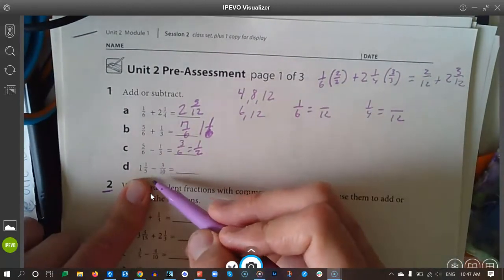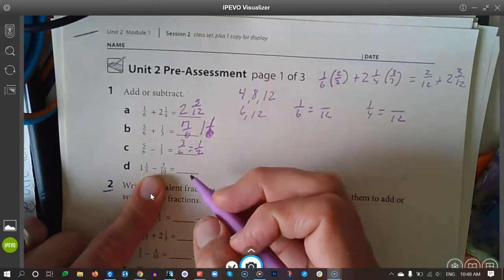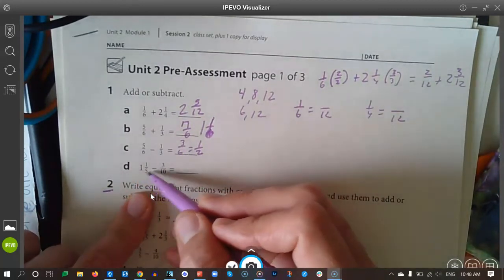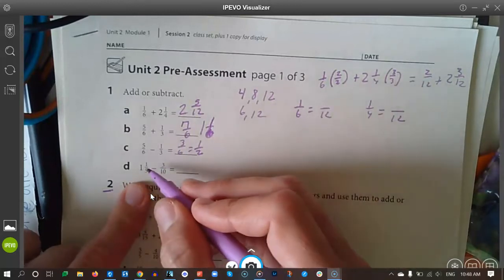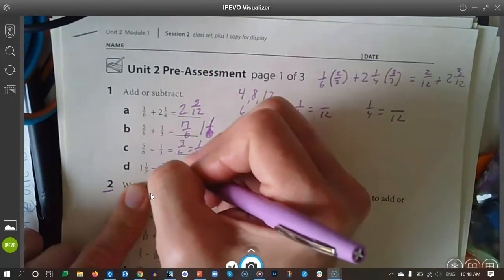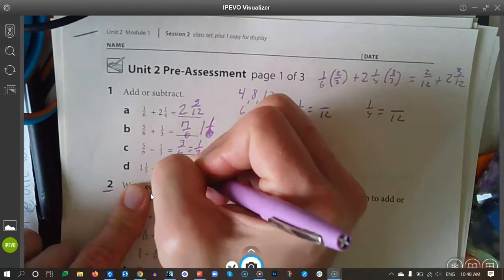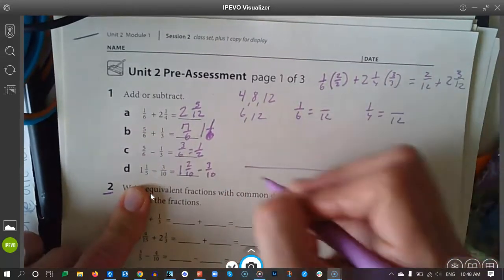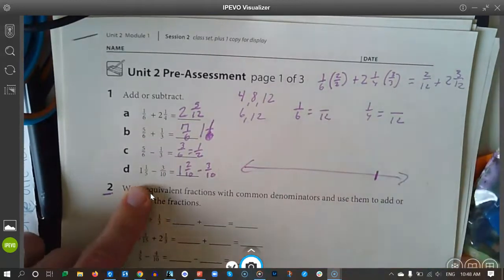All right, next one, 1 and 1/5 minus 3/10. This one again, I see that's 5 and 10. I know that 1/5 can become tenths, and that's going to be 2/10. So that's 1 and 2/10 minus 3/10. So here I'm going to use my handy-dandy number line.